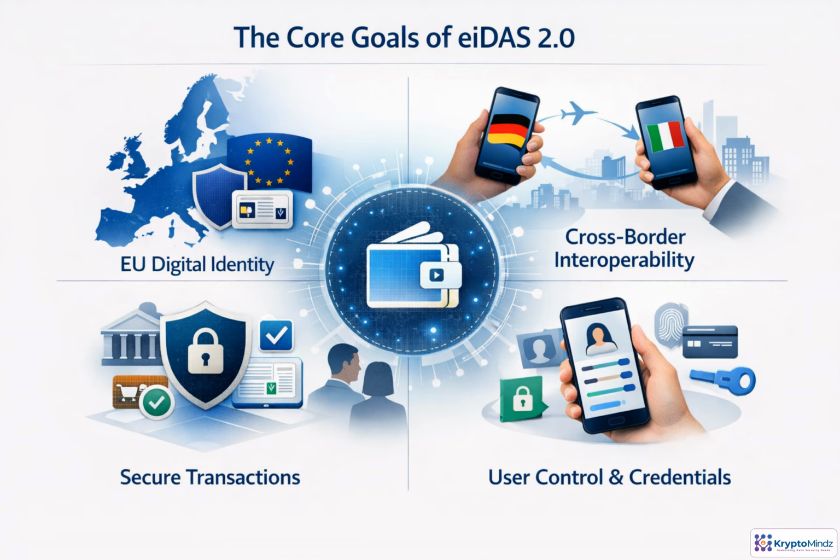Its goals are connected: a stronger European identity ecosystem, recognition across borders, safer digital transactions, and more user control over what gets shared. The EU Digital Identity Wallet is the practical anchor for this vision. It turns trust, interoperability, and credentials into something people and organizations can use in everyday digital services.